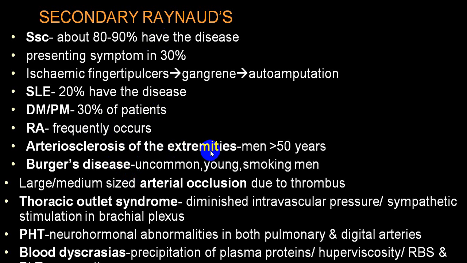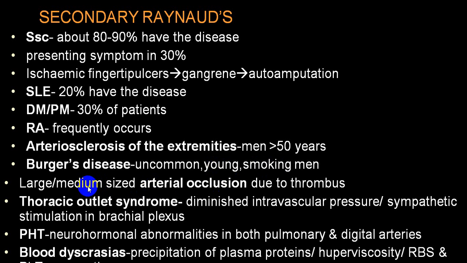Arteriosclerosis of extremities in males is much more common after the age of 50. Buerger's disease is uncommon, but it is very common in younger individuals and persons who are smoking.